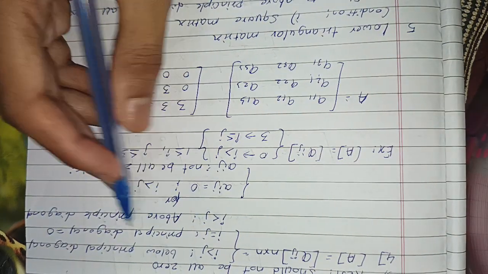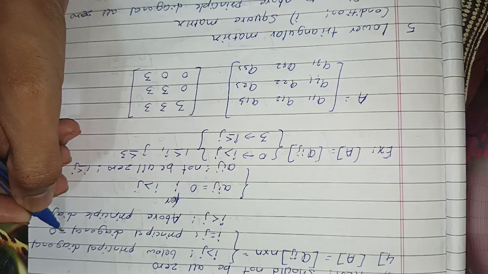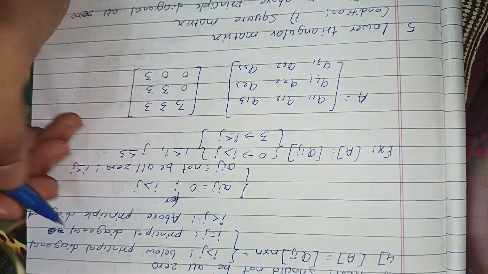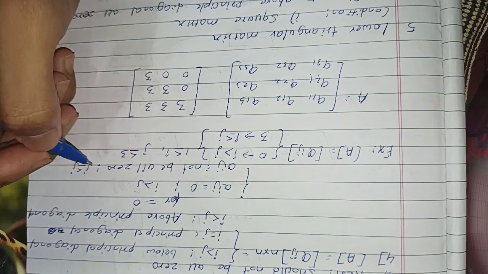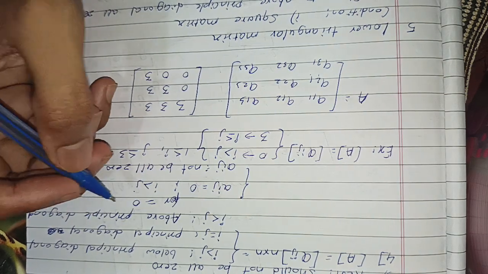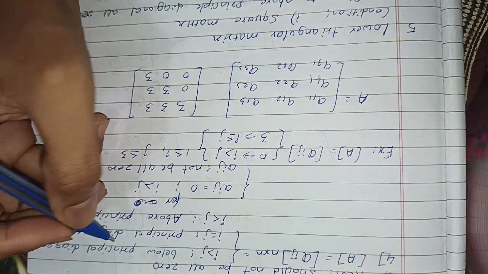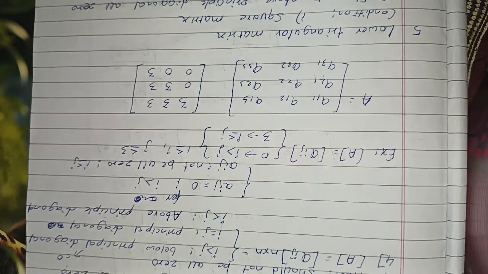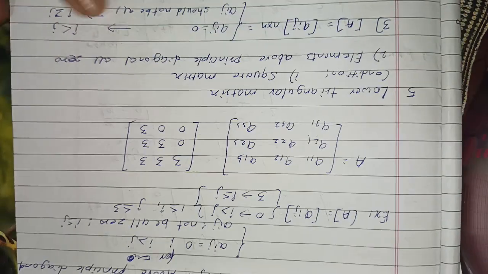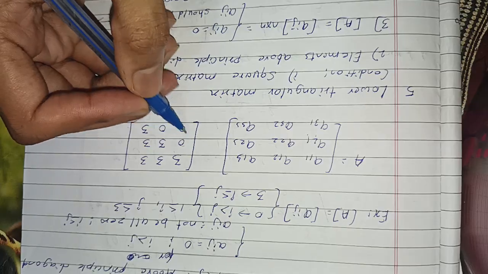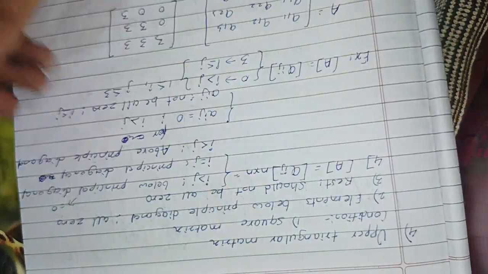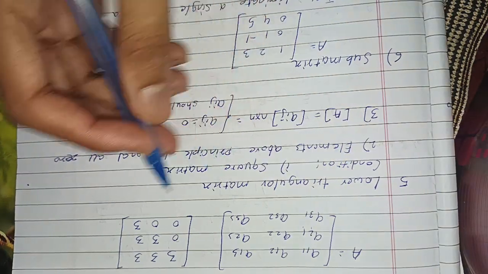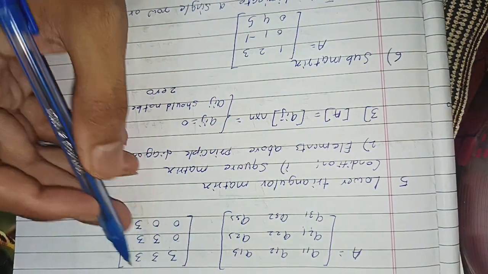And if i is equal to j, it is the principal diagonal. When i is greater than j, this is equal to 0. So all the elements below the principal diagonal should be 0 in an upper triangular matrix. In a lower triangular matrix, this is just the opposite. This 0 should be above. So it is lower triangular.